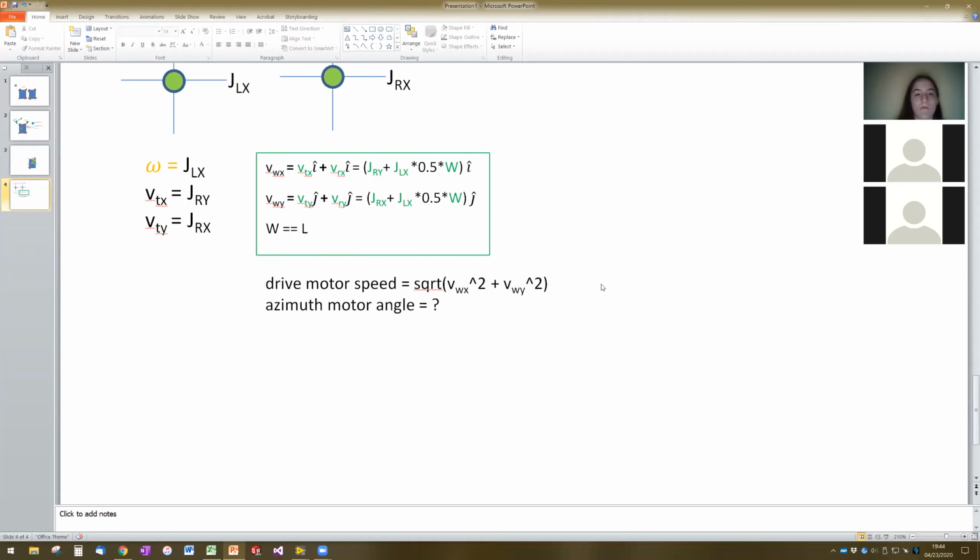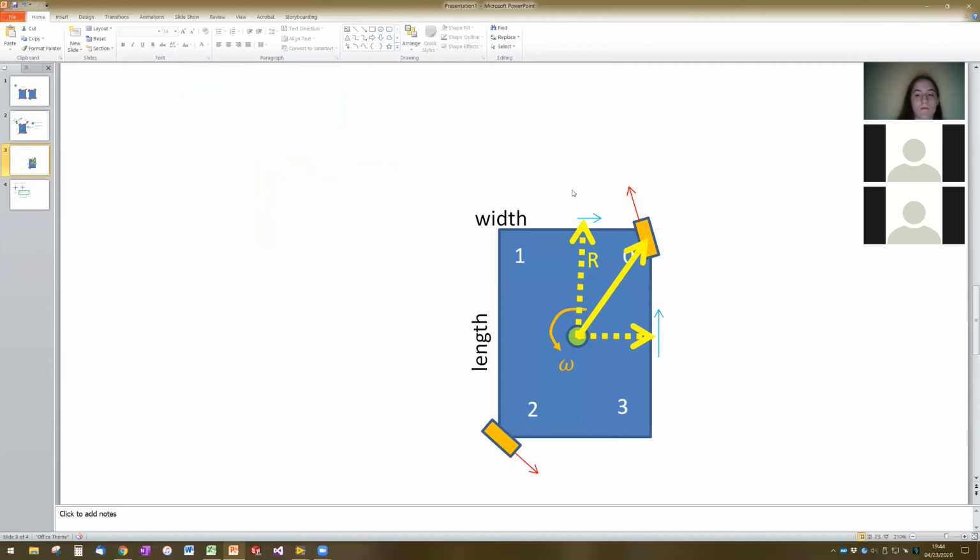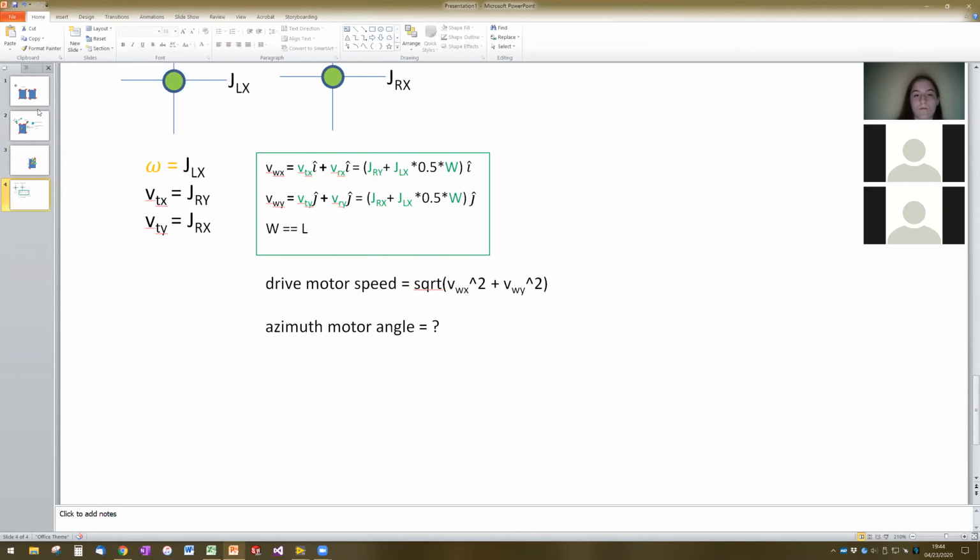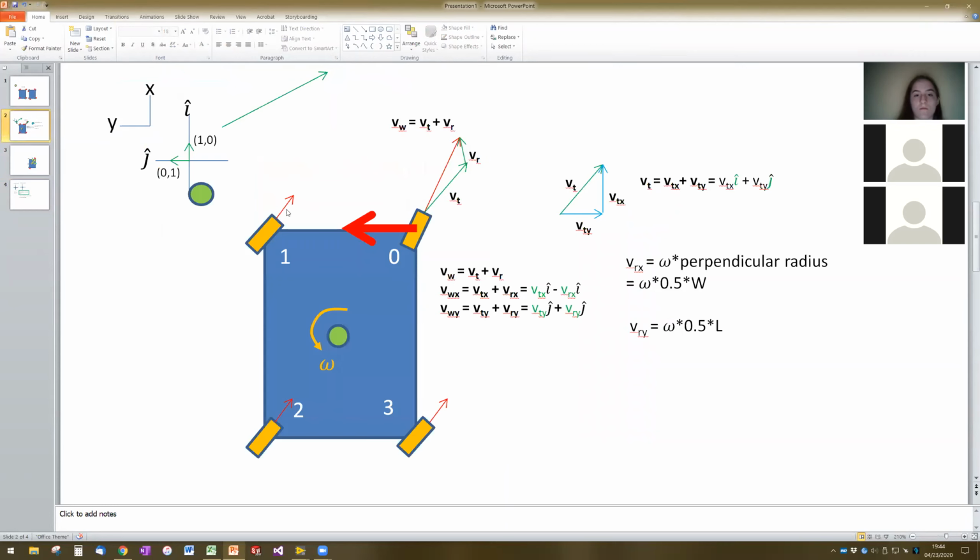Okay. How about taking a stab at how we calculate the azimuth angle for the motor? So if we've got, okay, I'll get an example here.